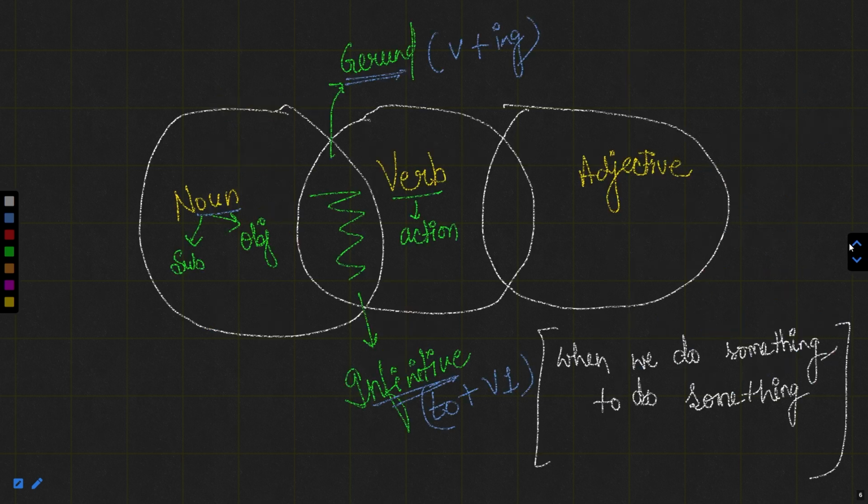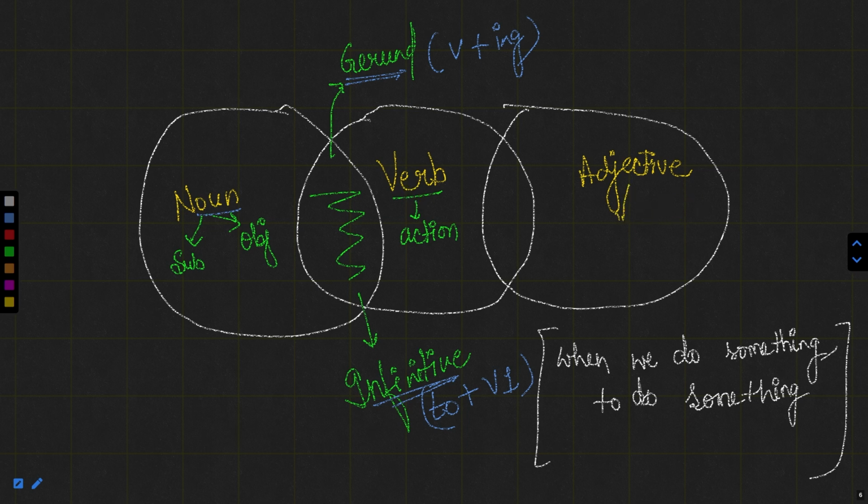Now let us get back to the diagram. I hope you understood all these points. Now we'll have another structure. Now what is it? If a word is there which looks like a verb, but it is behaving like an adjective. Now, what is the key function of adjective?